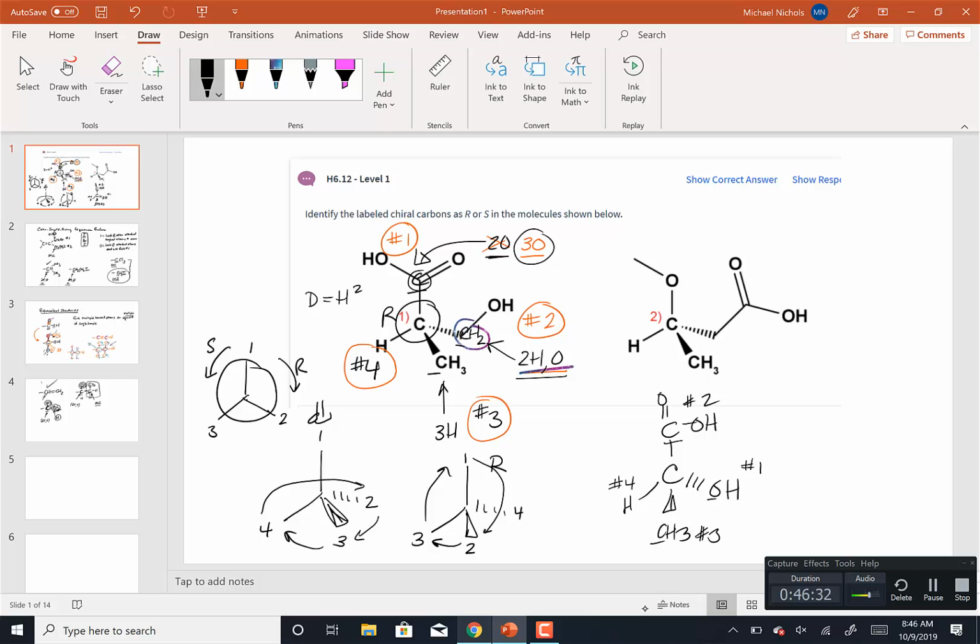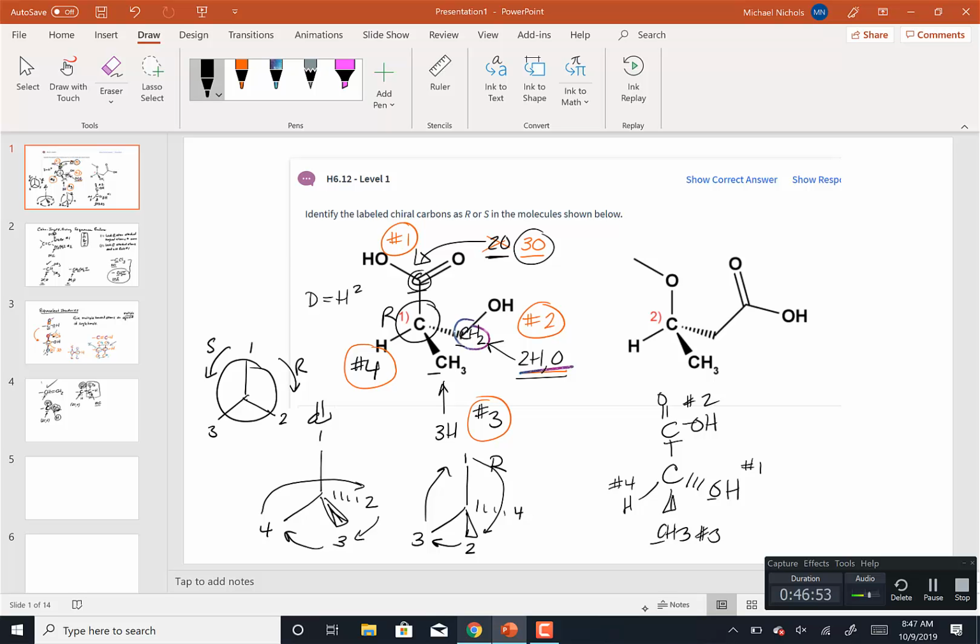And I can put anything into a tetrahedron. On Friday, we should probably do some cyclohexanes. We can talk about Fischer projections.